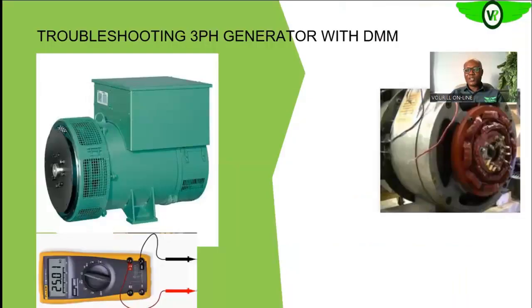Each phase is made up of the same windings. That is, the same wire gauge is used to make the windings, and the same number of turns is used to make the windings. So we expect the same output from each of these windings.